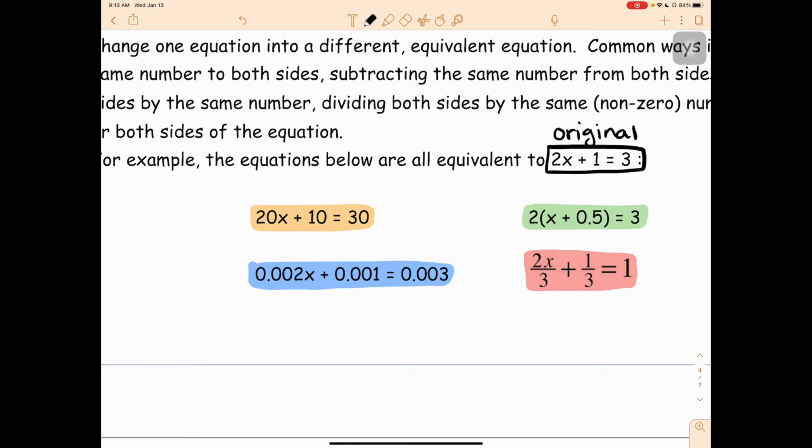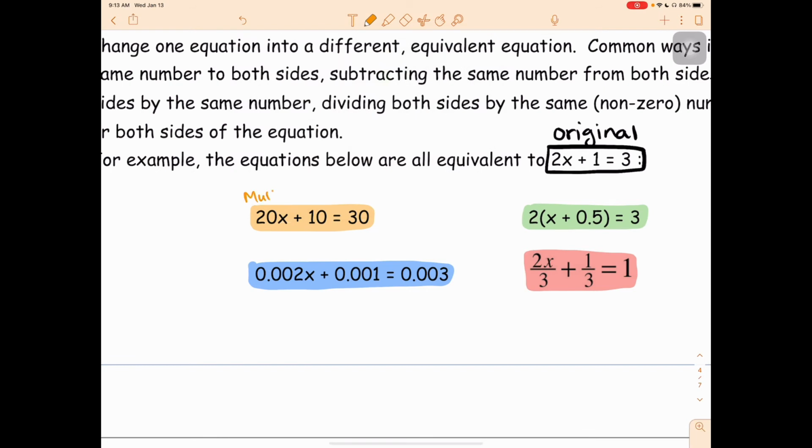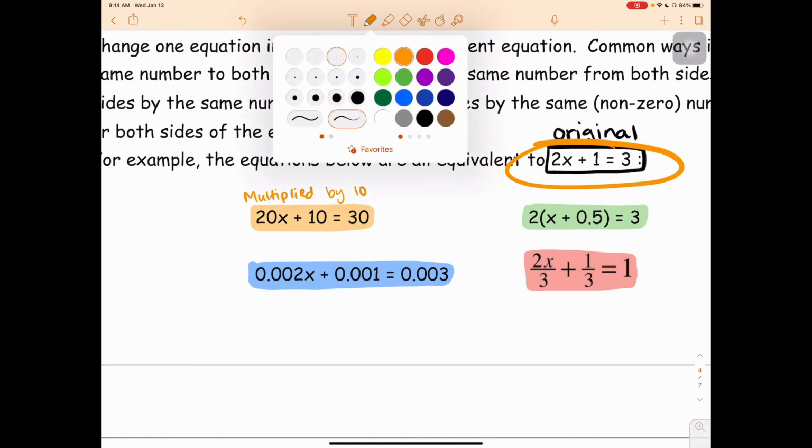So to get from the original to the orange one, it looks like we multiply everything by 10. So I'm going to write up here, multiplied by 10. We multiplied this whole equation here by 10 to get 20x plus 10 equals 30. And if you were to solve for that equation, you would get the same x value as you would the original.